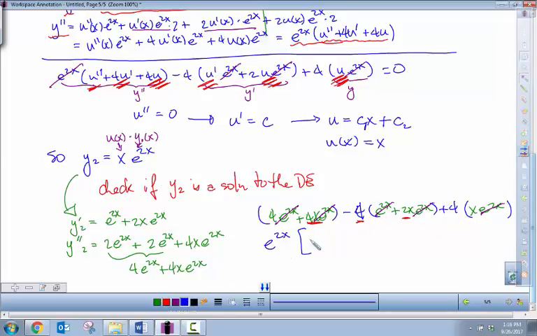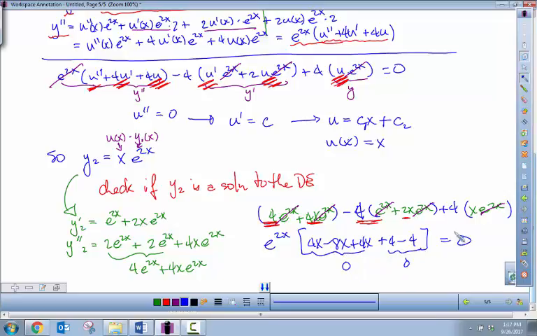I should write this down. 4x minus 8x plus 4x. And then the terms without the x, I have a plus 4 in the beginning here. This one, minus 4. And then there's no other terms over there. Oh, there it goes. So this thing turns out to be 0. The whole thing is 0. So it is a solution to the differential equation. Phew, good thing.